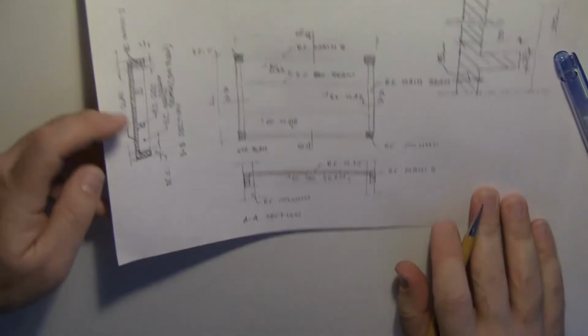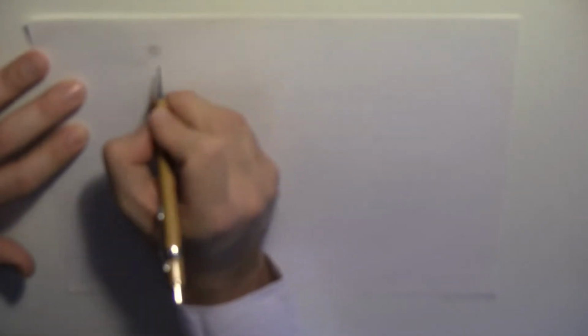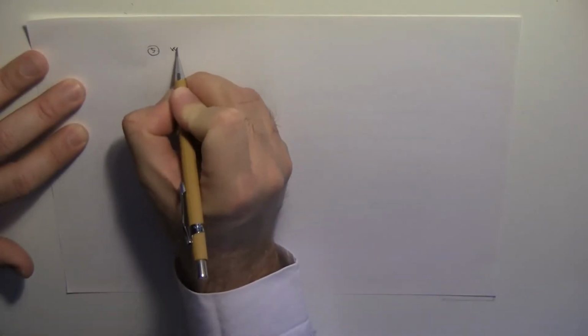Okay, I guess we should pass to the final type of our reinforced concrete floor systems. Let's turn this upside down, there's some stain there, but it's not important. The fifth type of reinforced concrete floor system is RC waffle floors.